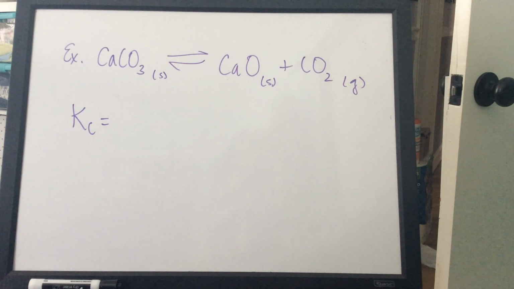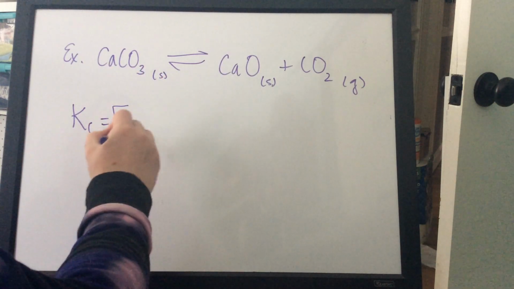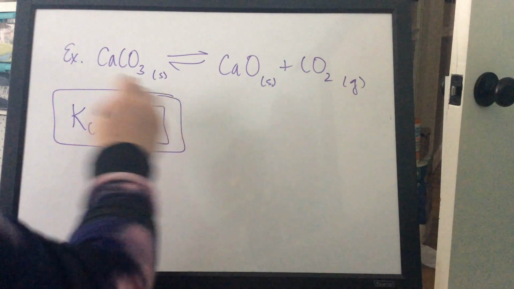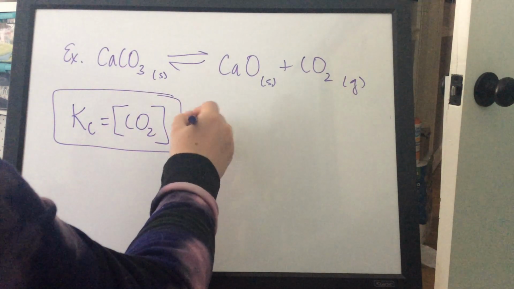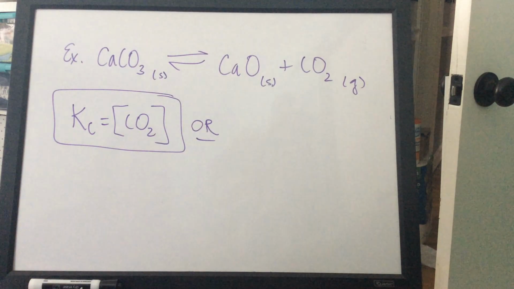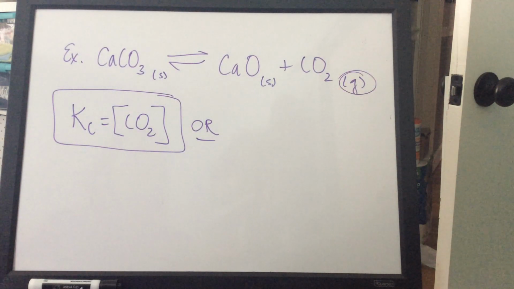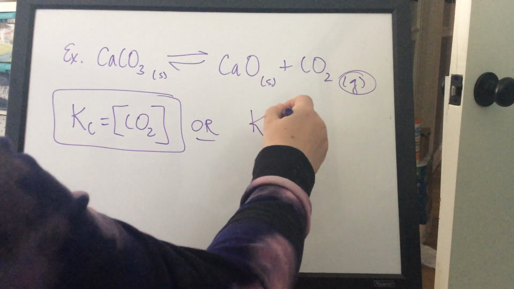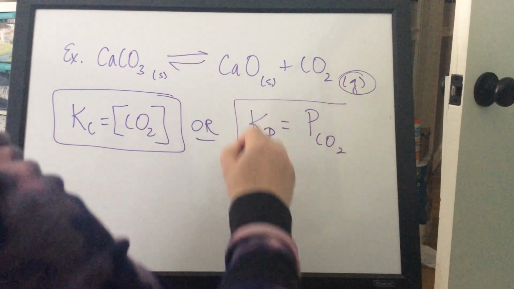They're not going to go into this expression, which means the Kc for this reaction would only be the concentration of the CO2, which seems odd to us, but that's what it would be. Or in this case, because the one substance that would appear in my K expression is a gas, I could also write a Kp value, which would be the partial pressure of the CO2 at equilibrium.